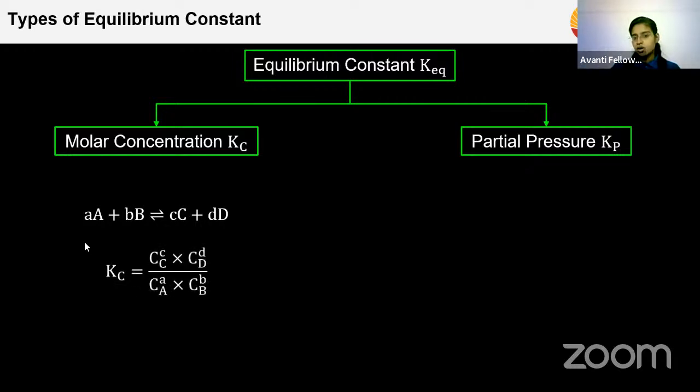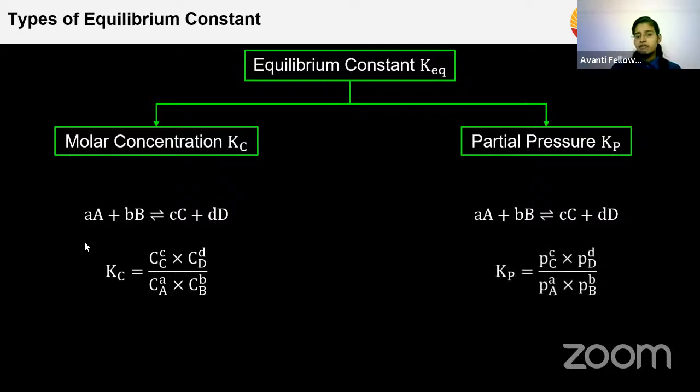For a reaction of this type, Kc can be written like this: product concentrations over reactant concentrations, which we have done before, just now in the previous question. This capital C in each case denotes the concentration. But in case of partial pressure for the same reaction, you have to write the pressure value. So in place of capital C, we will have the P value.